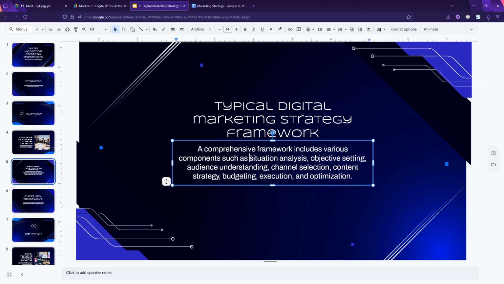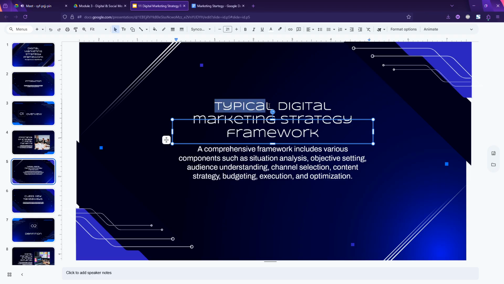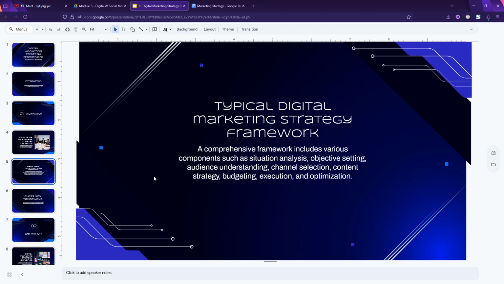So basically, these are the eight, sorry, these are the basic eight steps for typical digital marketing. We are saying typical because it is what is commonly used in digital marketing, and certain companies might have plus one, minus one, so they might have seven, they might have eight, depending on how they are doing it.